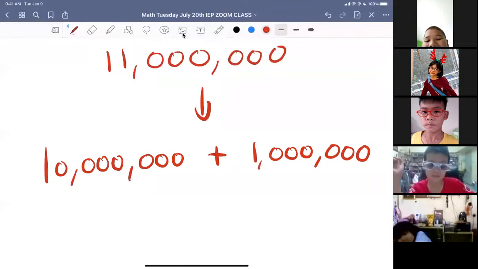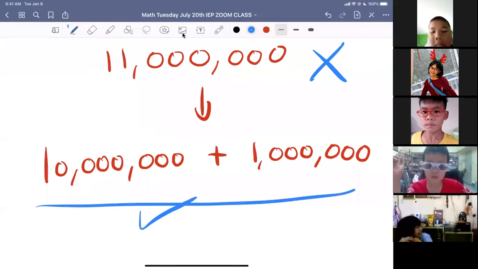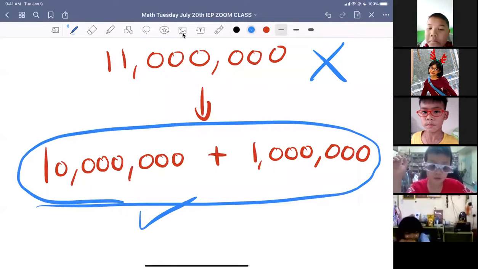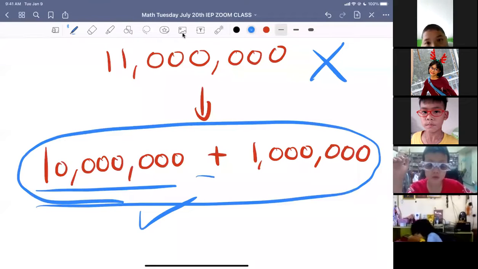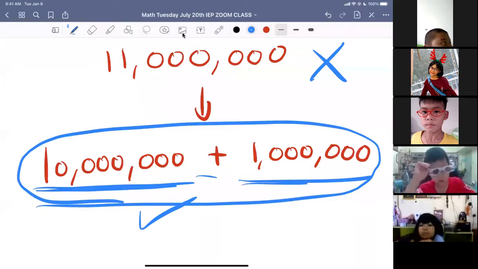All right, this is the correct way, right? This way is wrong. This way is correct. Okay, so in expanded form, we have to write 10 million plus 1 million.